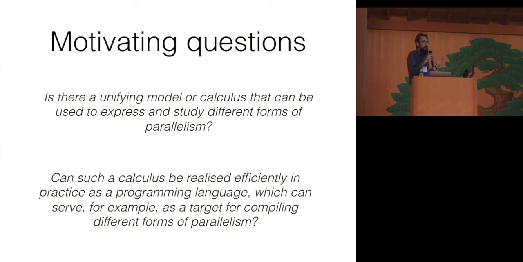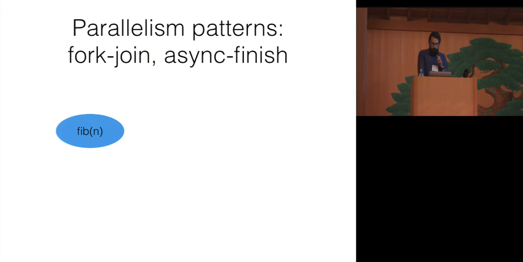And the other question: if we can come up with such a form, can we realize such a model, such a calculus, in practice as a programming language, so that we could potentially use it, either as a source programming language or at least as a middleware or intermediate representation for our parallel computation? So let's go back to our fork join example and look a little bit more closely at how the patterns of parallelism that appear inside work.